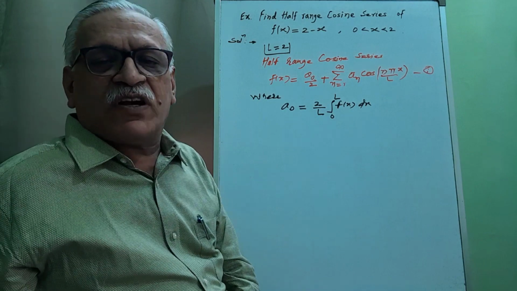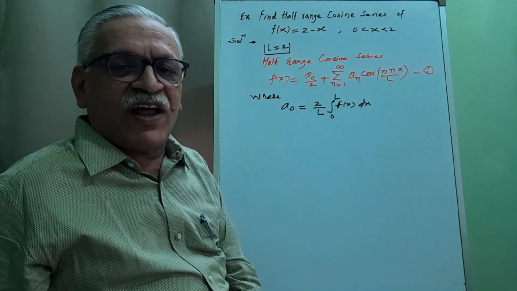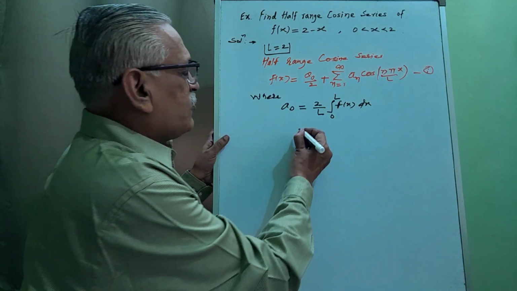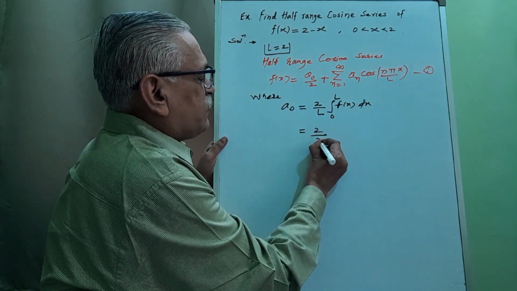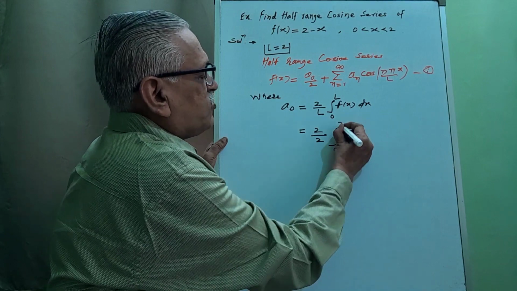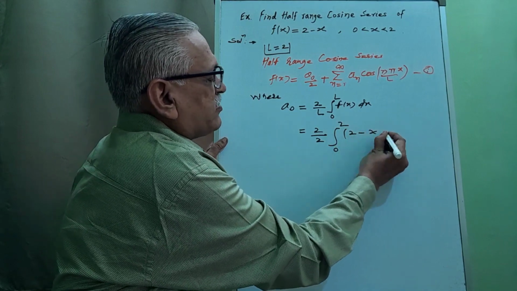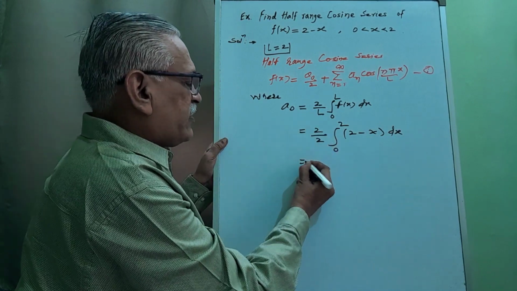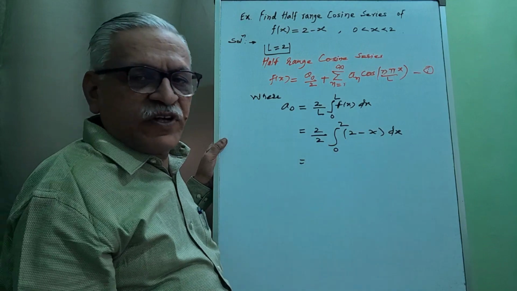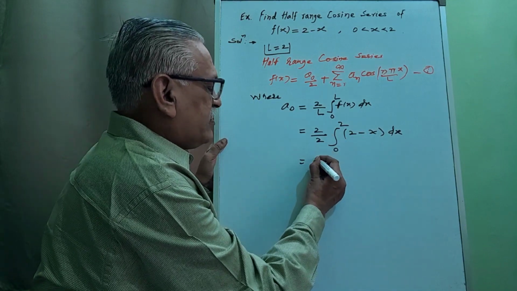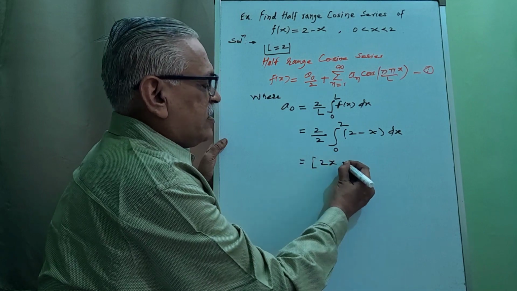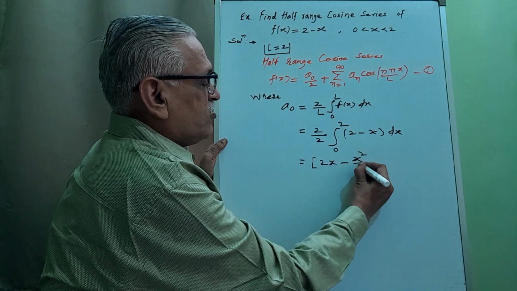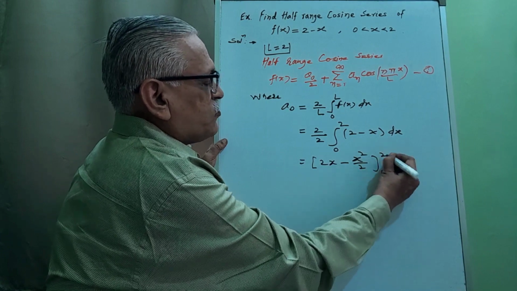By applying this formula, we can easily obtain the value of a0, the first Fourier coefficient. It is equal to 2 by L, L is 2, integration from 0 to 2, f of x is 2 minus x, with respect to x. The 2 gets cancelled, and integrating each term with respect to x, we get 2x minus x square by 2, limit from 0 to 2.